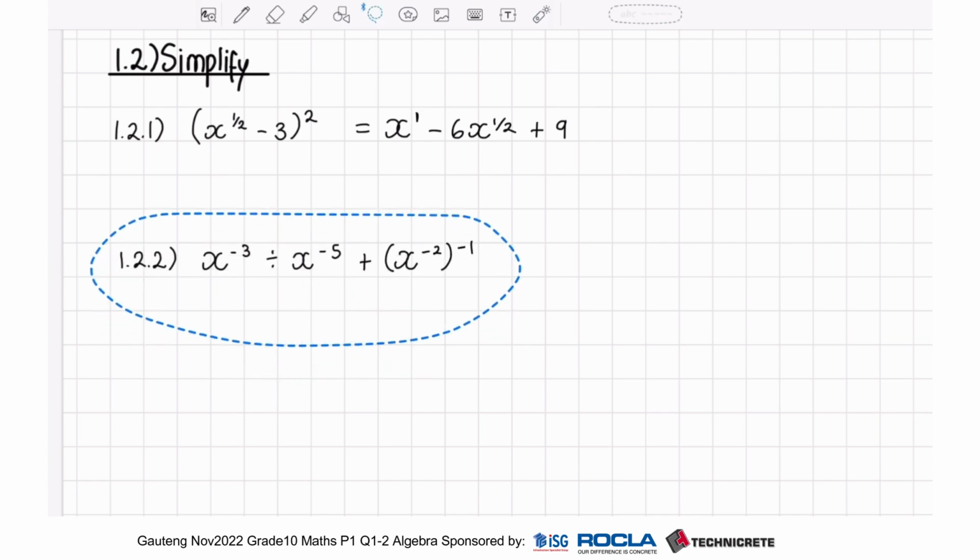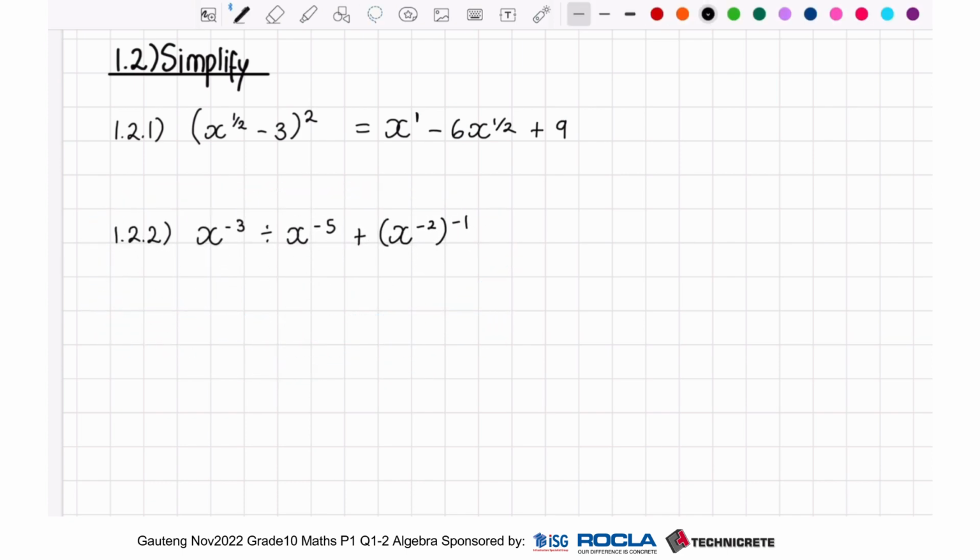Okay, then for the next part, I've got some negative exponents of x. And I know from my exponent laws that when I've got the same base, like I've got an x here and an x here, and I'm dividing them, I just subtract the exponents.